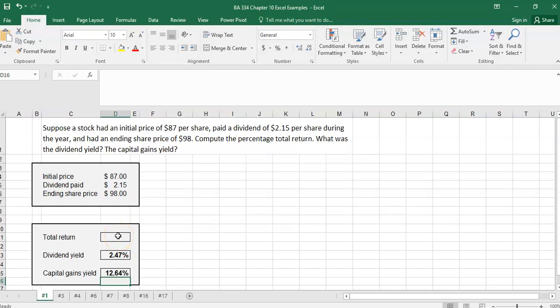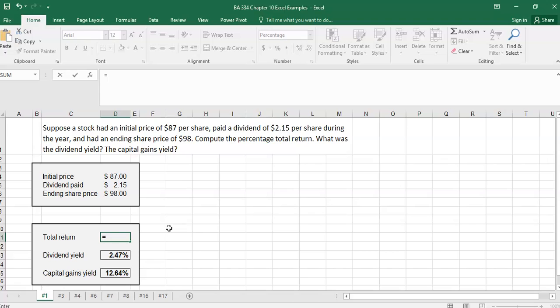Total return is dividend yield plus capital gains yield. It is also the ending price minus the initial price, the difference between the two prices, plus the dividend paid divided by the initial price.